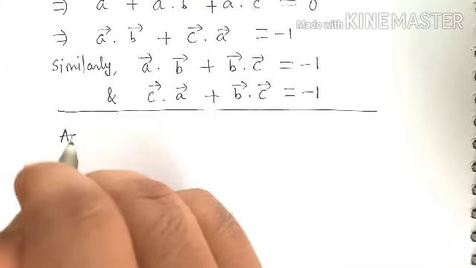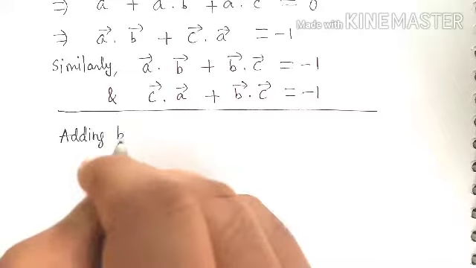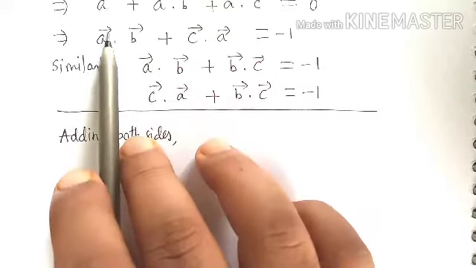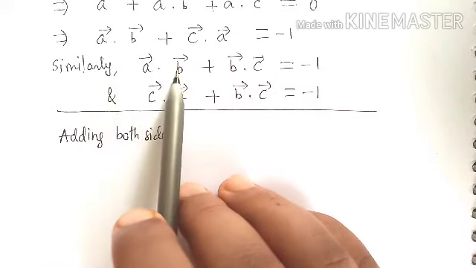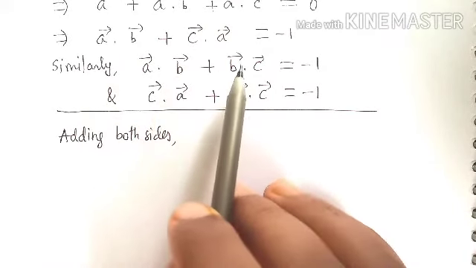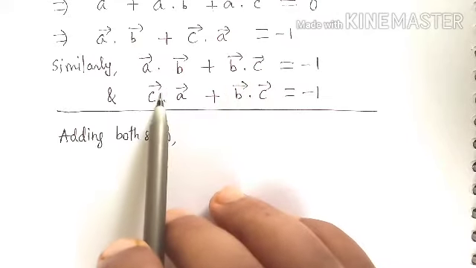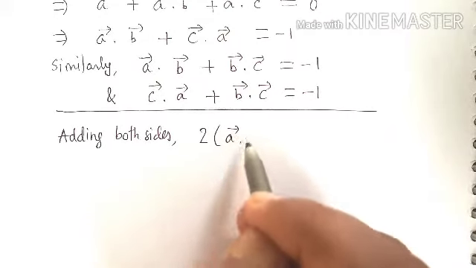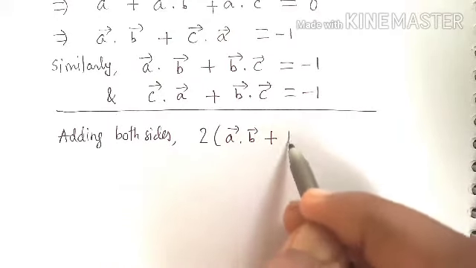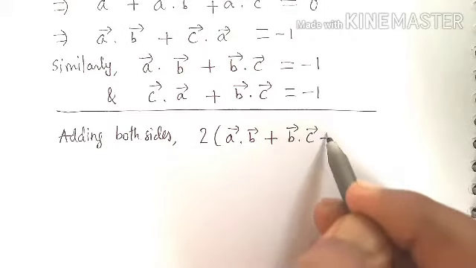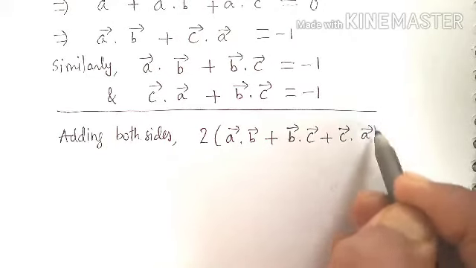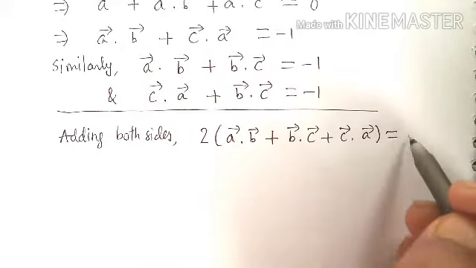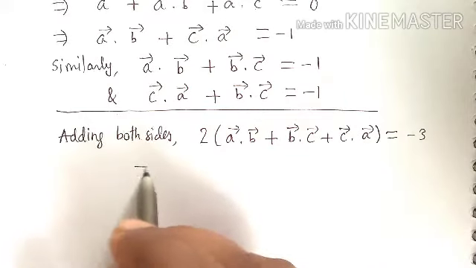Now adding all the equations, we have 2 times (vector A dot vector B plus vector B dot vector C plus vector C dot vector A) is equal to minus 1 minus 1 minus 1, which is minus 3.